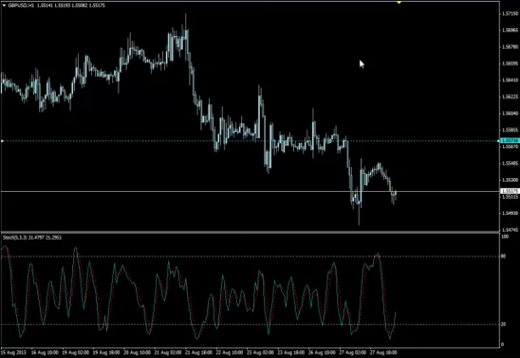Of course, price and market is the ruler here. Market is the king and the queen. Market has the first and the last word. We watch it, we observe it, but these tools don't let us sail this ocean without a compass. They are our compass, so we always know where we are going, and that's very important.